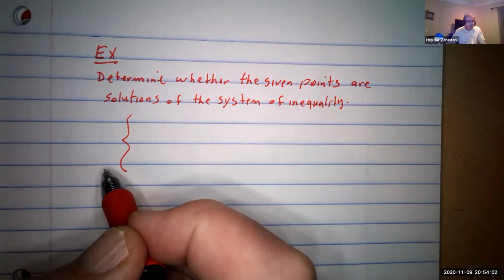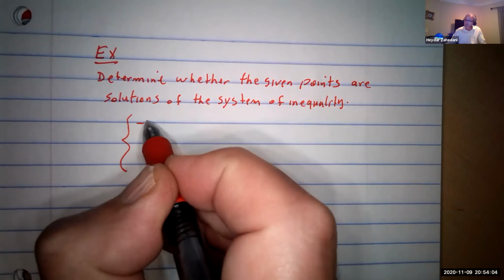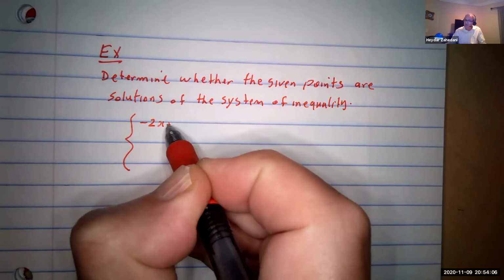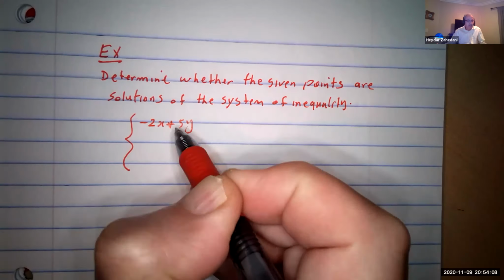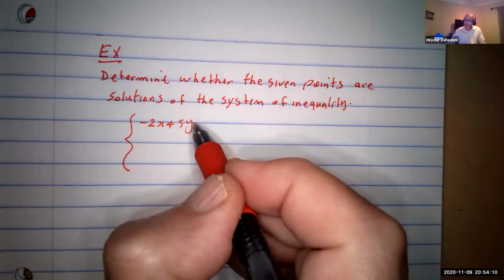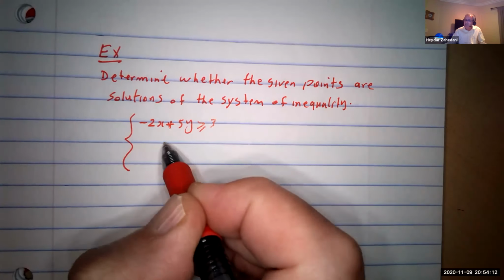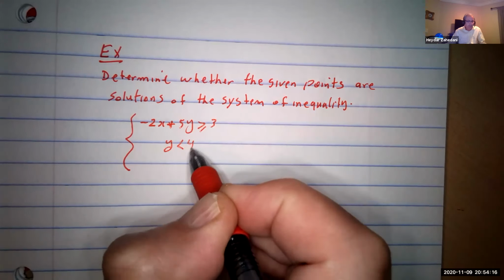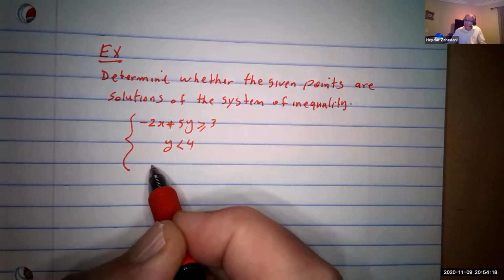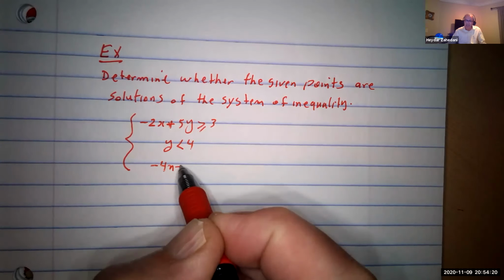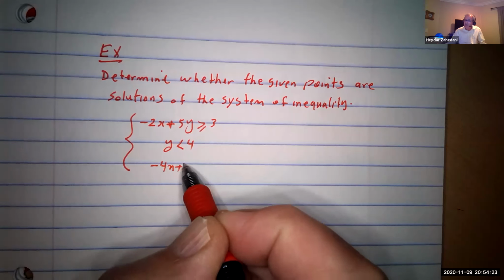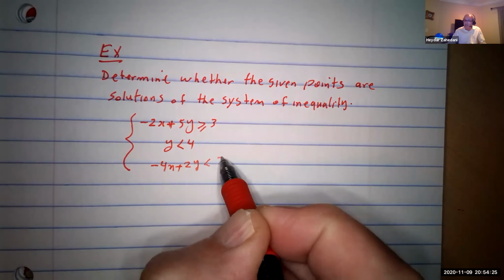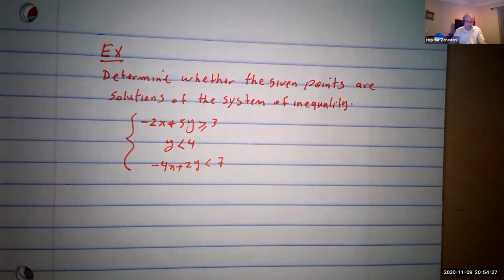The system in question is negative 2x plus 5y greater than or equal to 3. The second inequality is y less than 4. And the third one is negative 4x plus 2y less than 7. They give you 2 points to check.